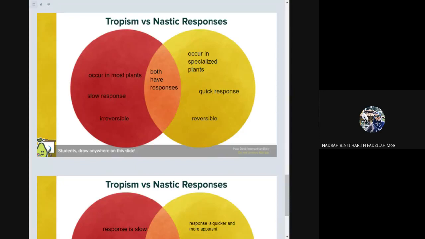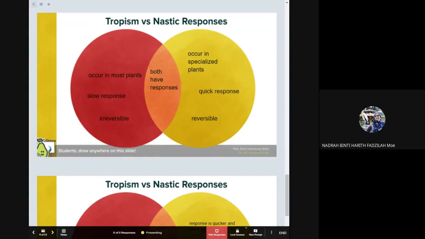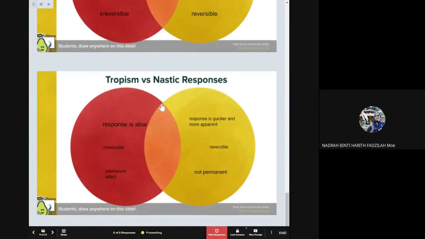Okay. So I agree with you. And then Alia juga instead of permanent versus not permanent, dia gunakan istilah irreversible changes, whereas for nastic response is reversible changes. Okay. Atau reversible effect dan irreversible effect.